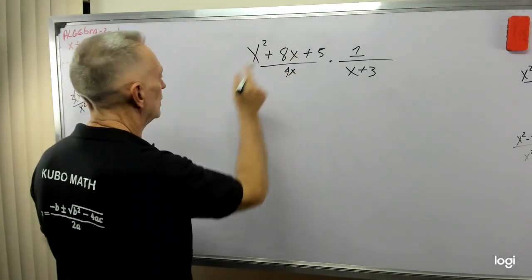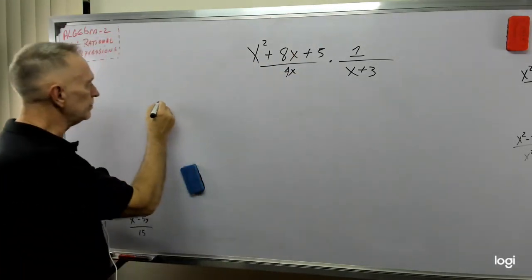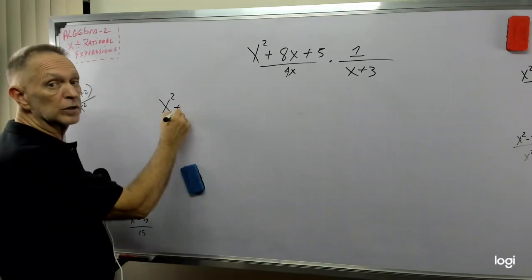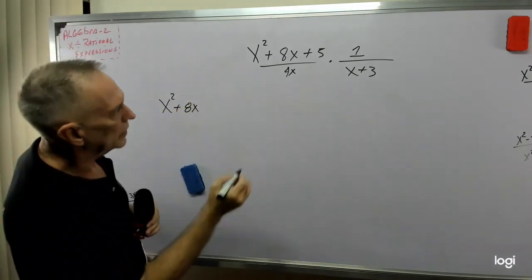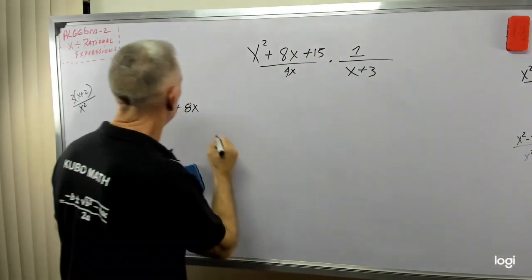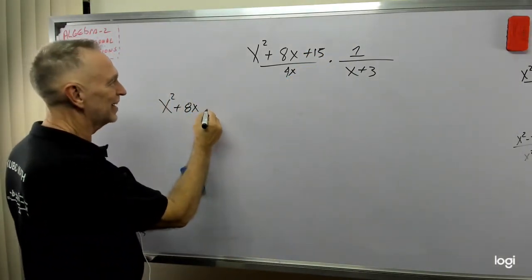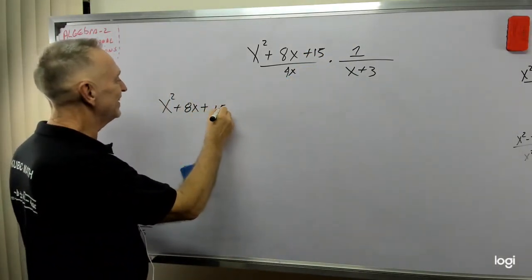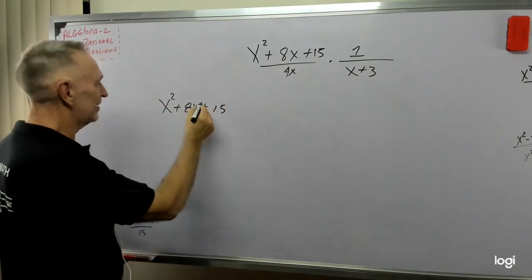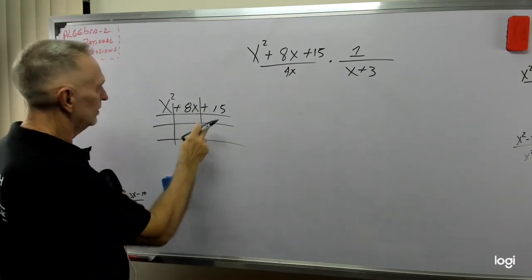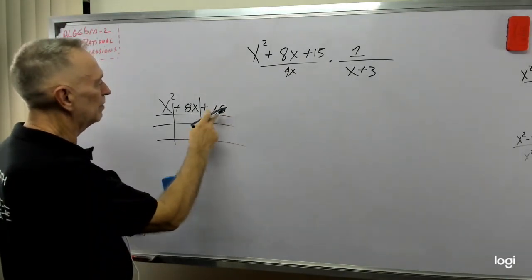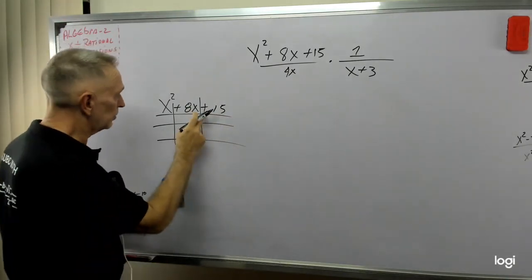Well, let's factor this. X to the second power plus 8x. That's not plus 8, that's 15, sorry. I thought, how am I going to factor that? Plus 15. All right, how to factor? Well, 15 times 1 or 5 times 3.